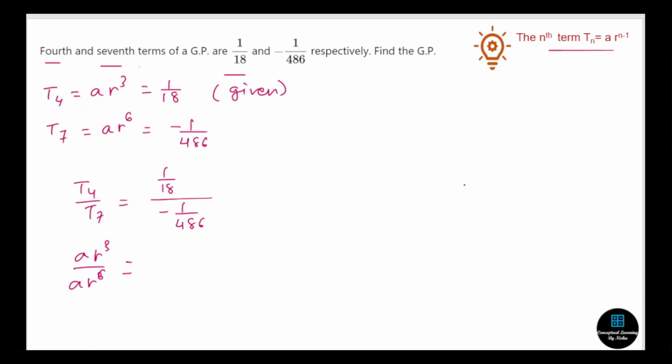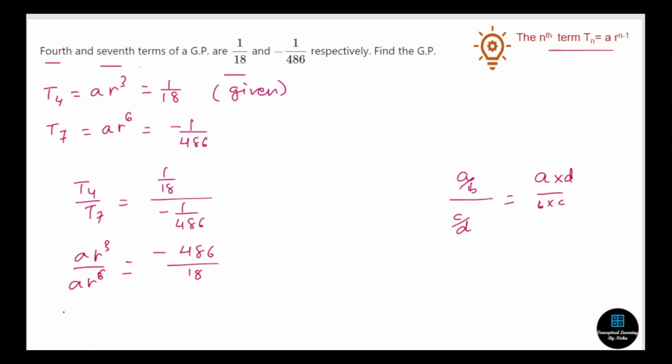Now, do you remember the ratio a upon b whole upon c upon d? So this is nothing but a upon b into d upon c, right? So we'll apply that over here. And minus sign I'll put in the numerator, because we learned that standard form, correct? So I'll put minus 486 and 1 goes up. So 486 here upon 18.